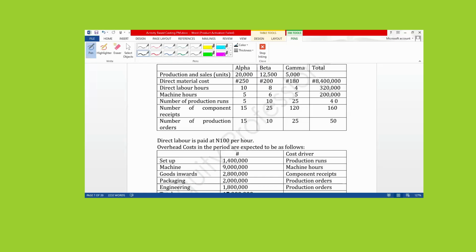Labor hours and machine hours relate to unit manufacture. Also note, looking at machine hours, 5 plus 6 plus 5 is obviously not equal to 200,000, and 10 plus 8 plus 4 is obviously not equal to 320,000.